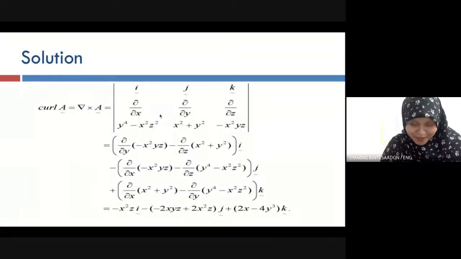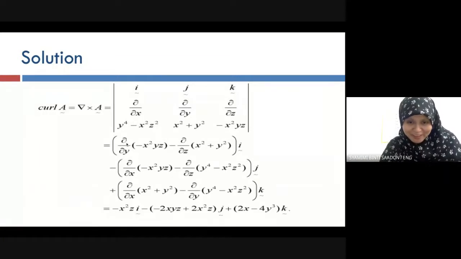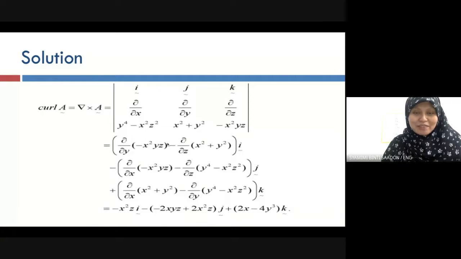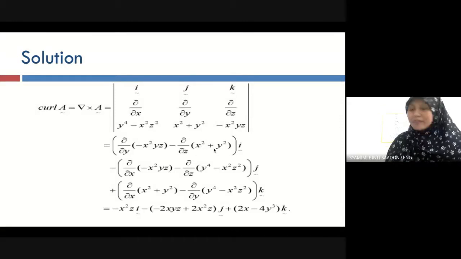Okay, we have an example here. Because I want to go faster, this one, the first one, the partial derivative of AZ minus AY.